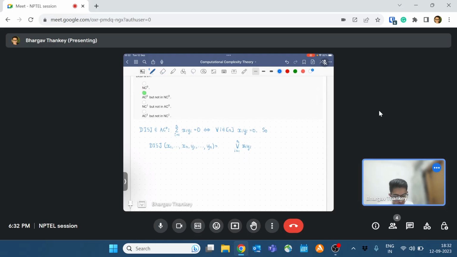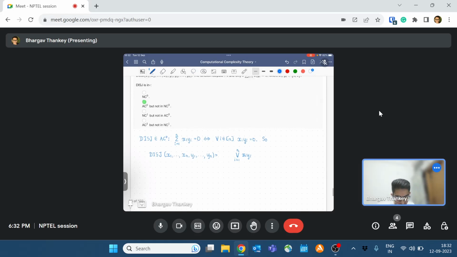Sorry. So when is something not in disjoint? It's not in disjoint if this is so. Okay, so when is something in disjoint? It's in disjoint if this sum is 0, right? And this sum is 0 if and only if all of these are zero, so if and only if this OR is zero, right? So I should put a NOT over here.